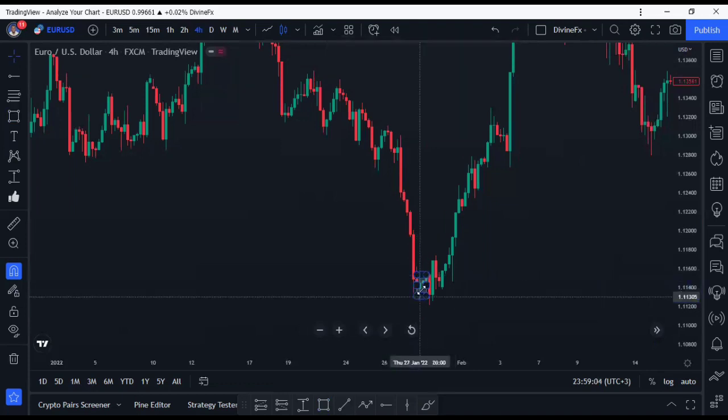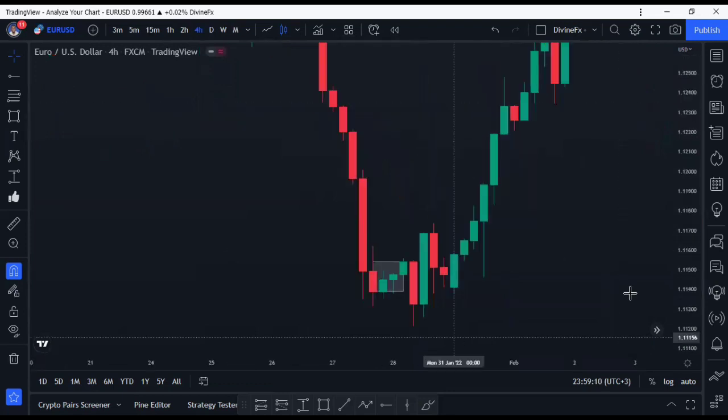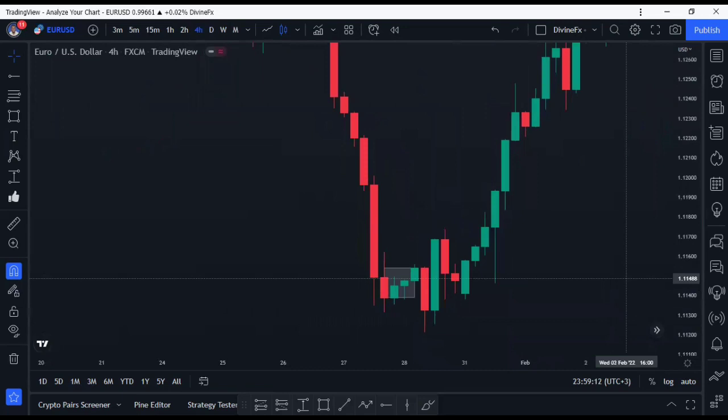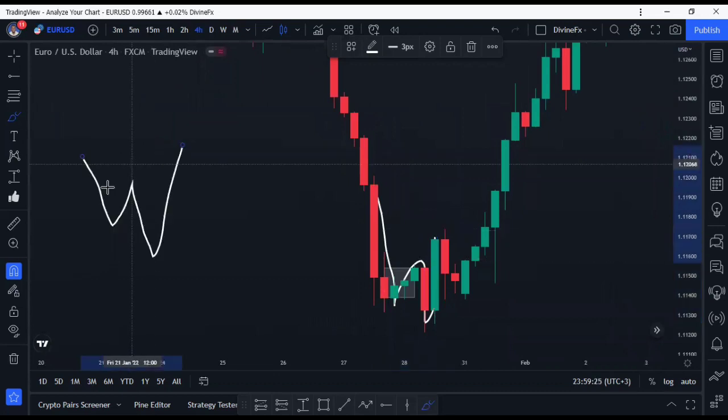We had last highs and lows at this point. Let me zoom out very clearly. This was the last highs and lows because price moved, creating lower low, lower high, lower low, then higher high. Price breaks these previous highs and lows, which is this one.